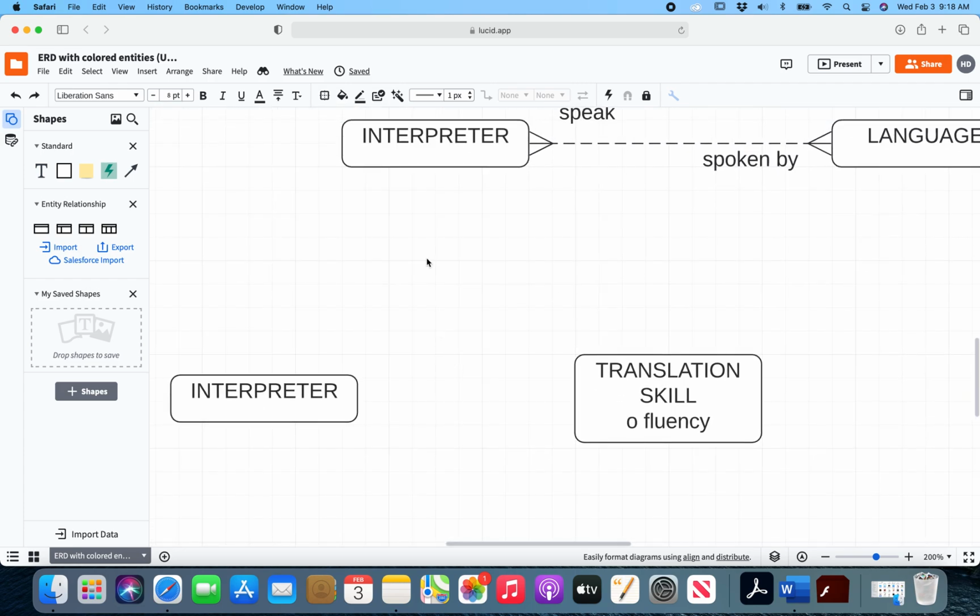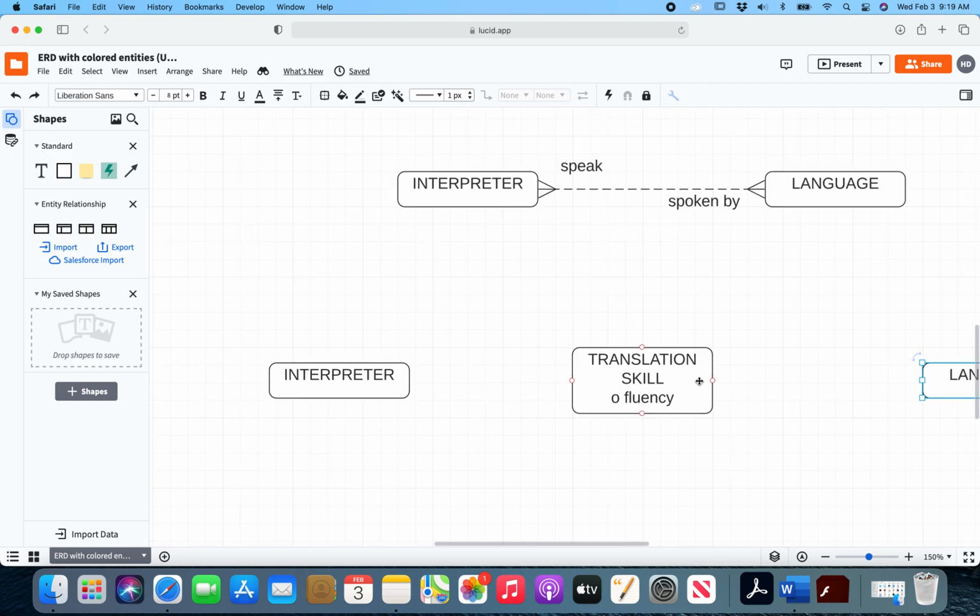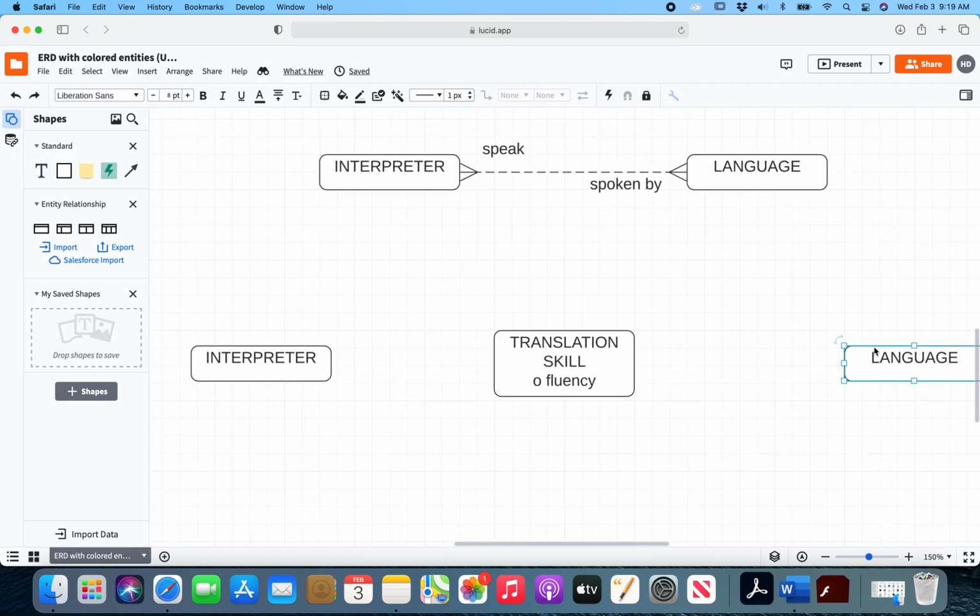Now again, this many-to-many relationship diagram does give us a little bit of starting information. In this diagram, the interpreter may speak a language, and that's going to be the same down here. The interpreter may have a translation skill in a particular language, but they may not.